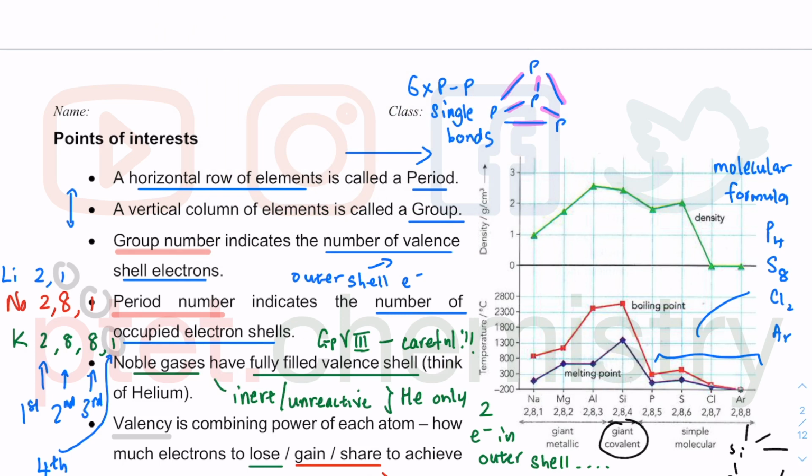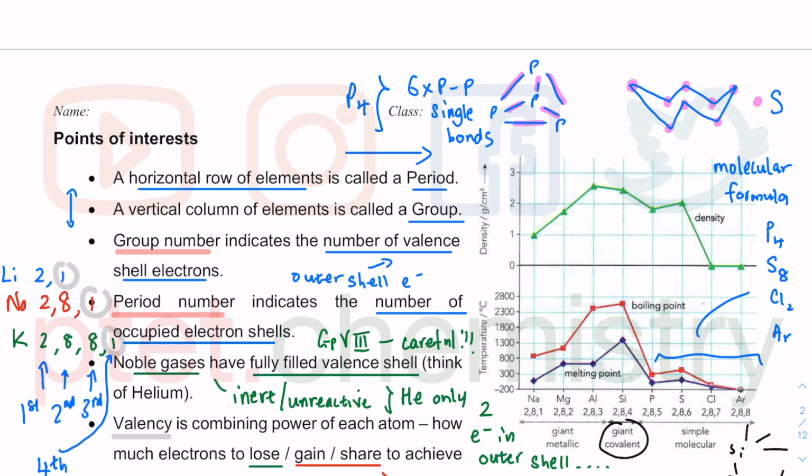As for S8, so this is P4. How about S8? S8 you get like a W like this, and then another W at the back there. You will get 1, 2, 3, 4, 5, 6, 7, and 8. So what you get there is sulfur on each of the pink region there.